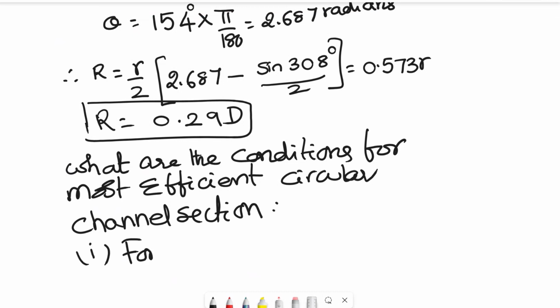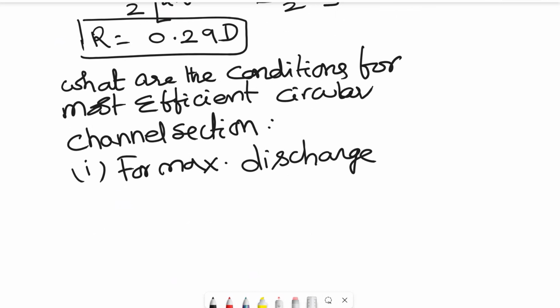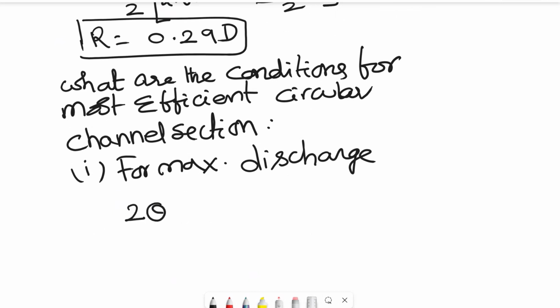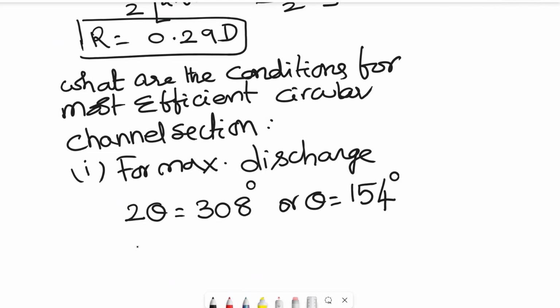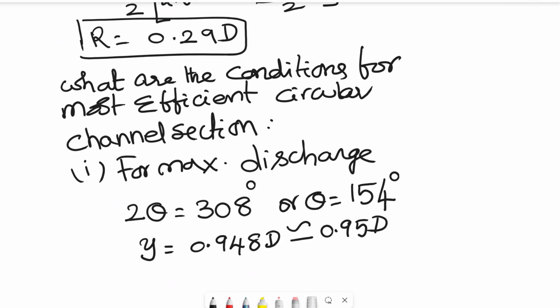For maximum discharge, there are three conditions. Number one, 2 theta is equal to 308 degrees, or theta is equal to 154 degrees. Second condition, y is equal to 0.948 d. Some people will write it as 0.95 d, where d is the diameter.